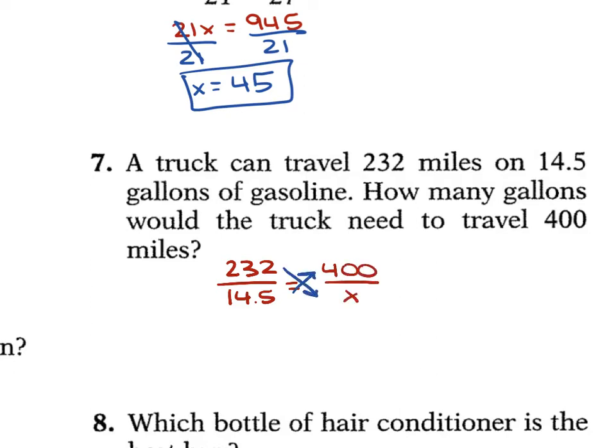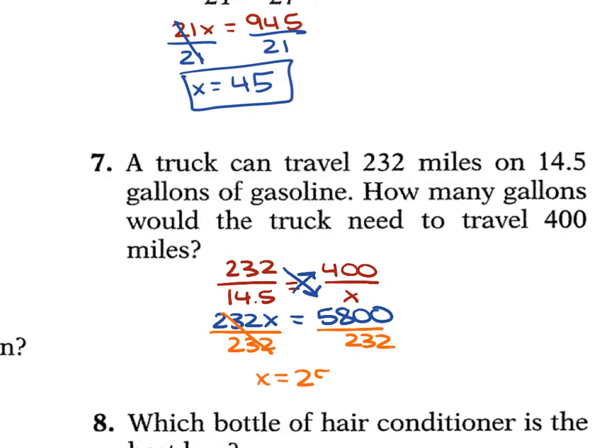So we're just going to cross multiply. So we're going to have 232x is equal to 14.5 times 400, which is 5,800. From here, we're just going to divide each side by 232. And that gives us that x is equal to 25.